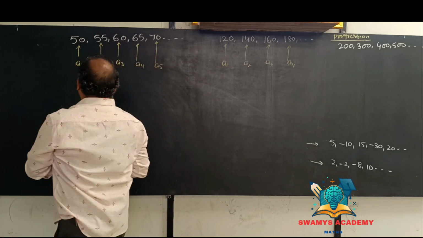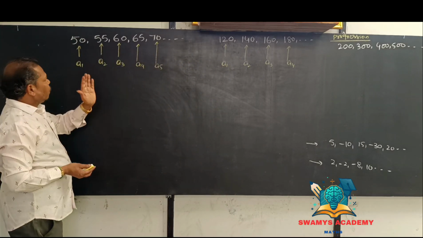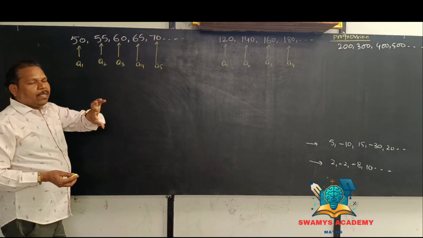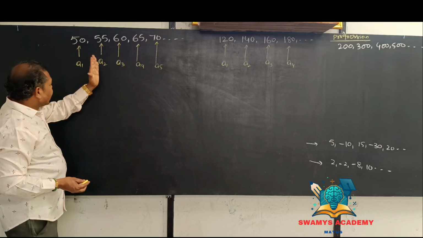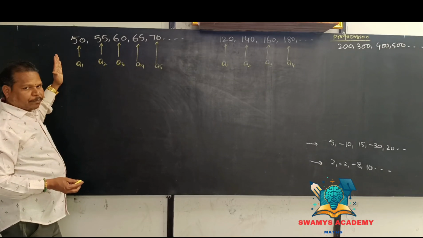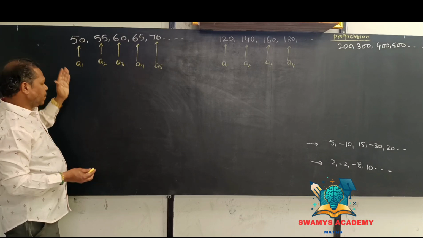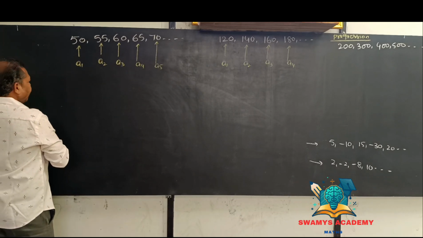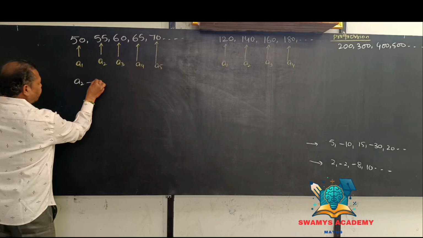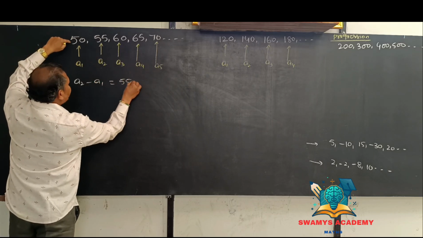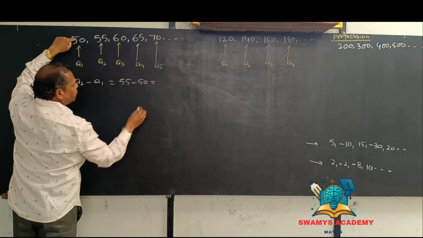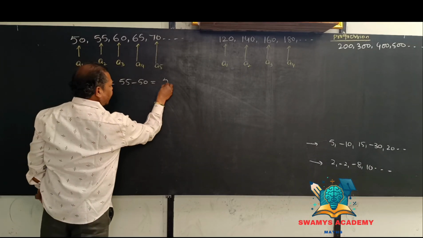But now we are talking about one type of progression. To become that progression, the condition that must be satisfied is the second term minus the first term, that is A2 minus A1. A2 minus A1 means 55 minus 50, and the value is 5.